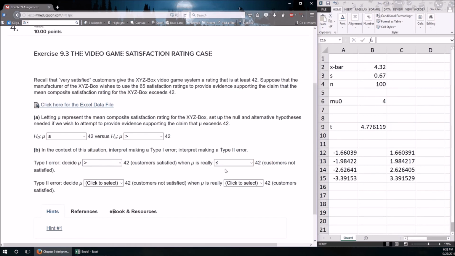Type 2 error is the other way around. Type 2 error is we fail to reject a false null hypothesis. In other words, we conclude that H0 is true when in all reality HA, the alternative hypothesis, is true. So we decide that the null hypothesis is true even though it's not.